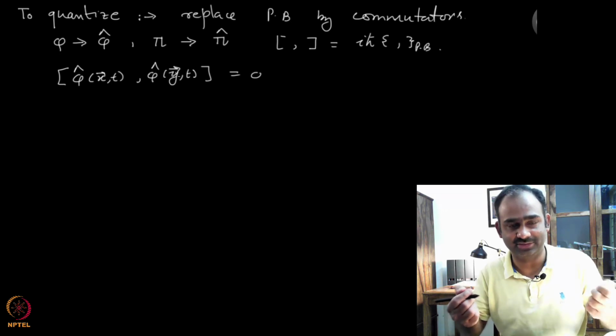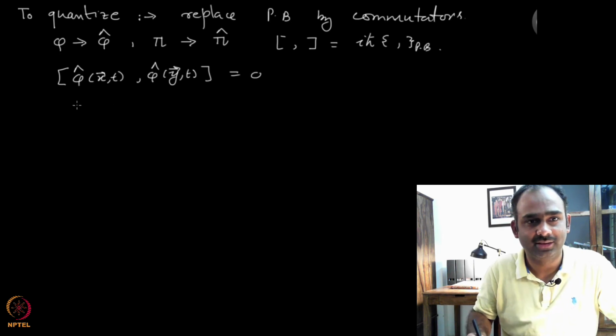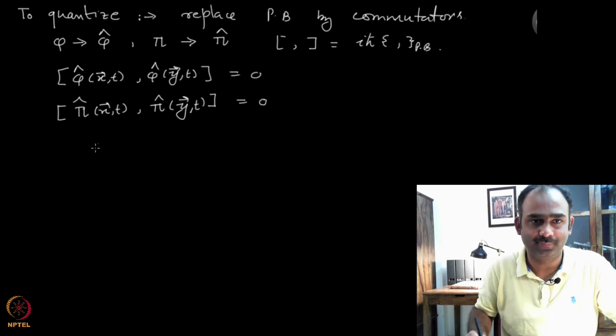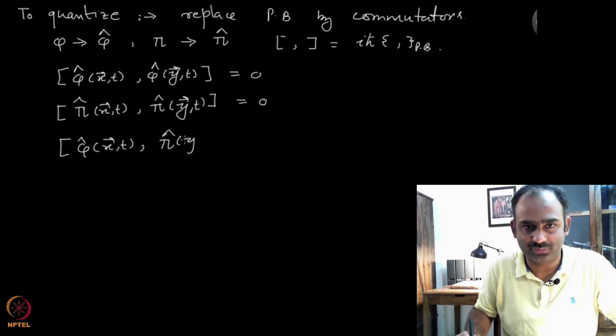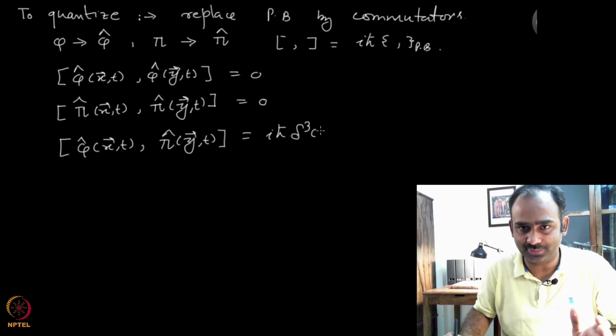When you have x and y different, it means different coordinates, and you are of course looking at equal time commutation relations now. Then π(x,t) and π(y,t) also commute, and φ(x,t) with π hat(y,t) gives i ħ times what you had for the Poisson bracket, and that was δ³(x−y).